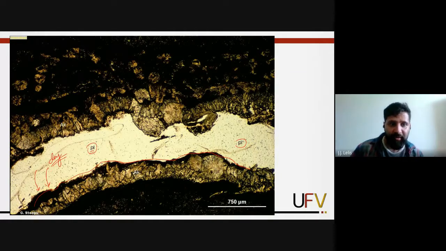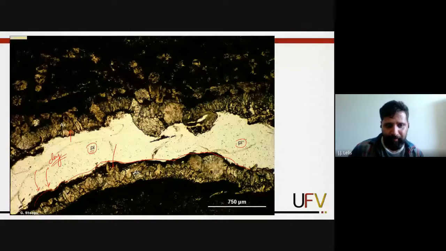Okay, like this. These crystals are formed by calcium carbonate.